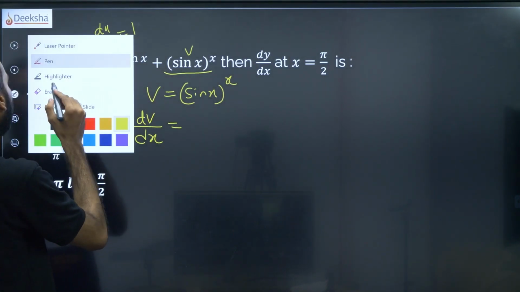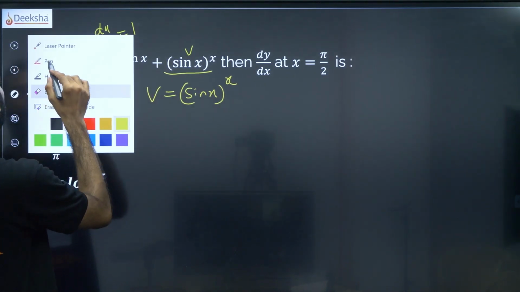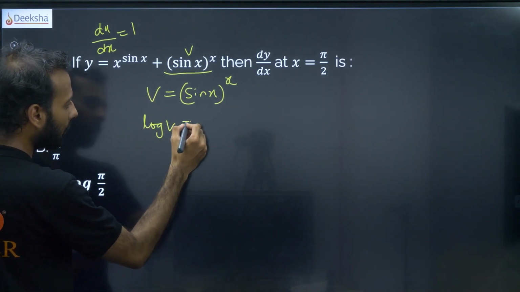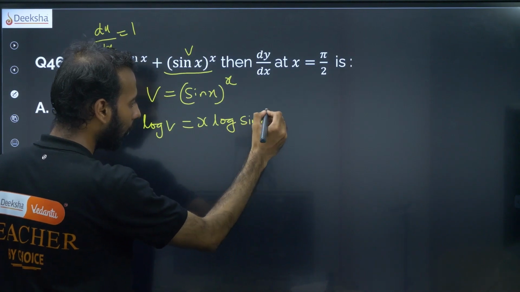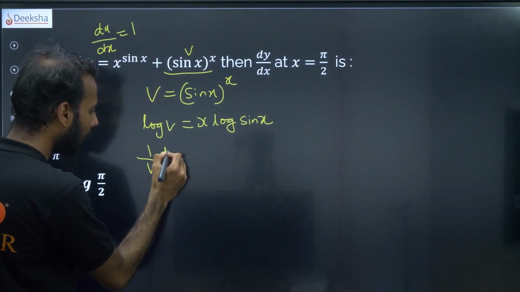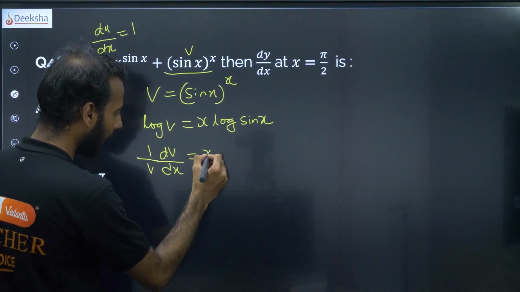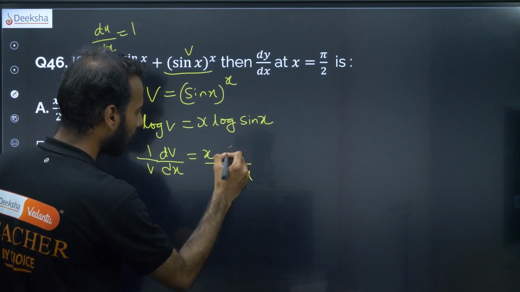Before going to dv by dx, let me apply log. Applying log on both sides, log v is x log of sin x. Next, 1 by v dv by dx is equal to, in place of x, x only, log sin x, plus 1 by sin x cos x.